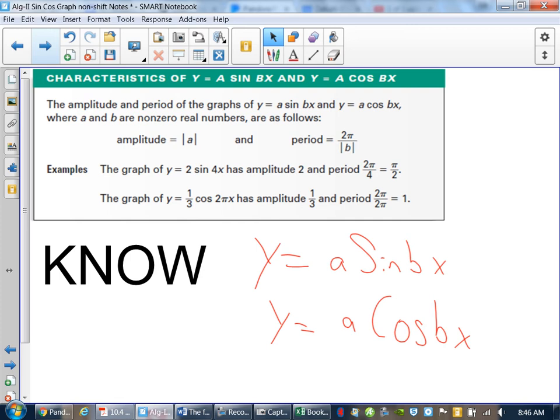It tells how high or low it goes, and direction. The direction via its sign. Okay. And it gets really easy as we get into this stuff.